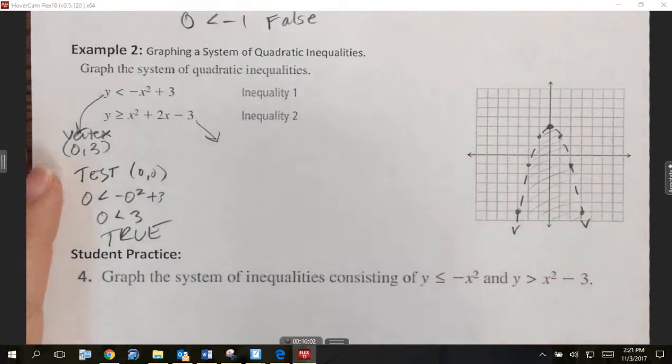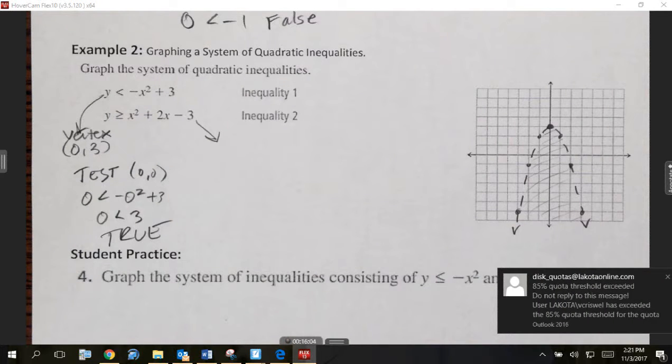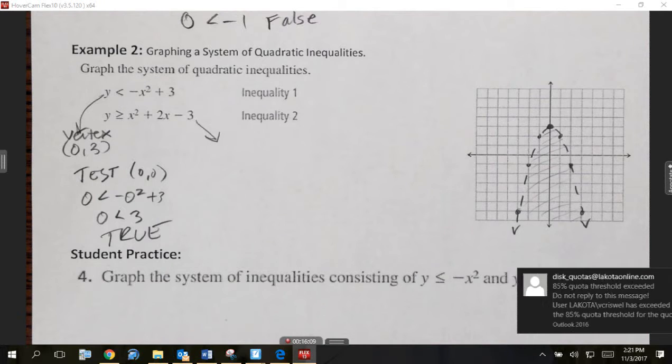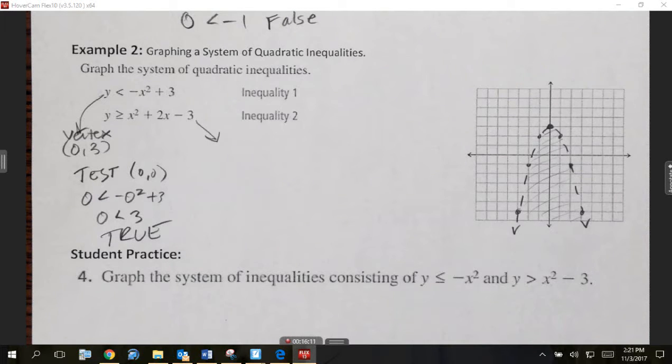So second equation. y is greater than or equal to x squared plus 2x minus 3. What can I find? I'm going to do it, but I'm going to do it a different way today. What else can I find really fast? By looking at it, what can I find?